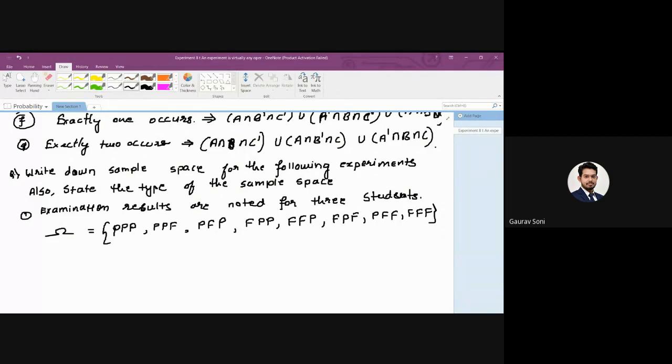Clear? Sample space is finite. Hence discrete.